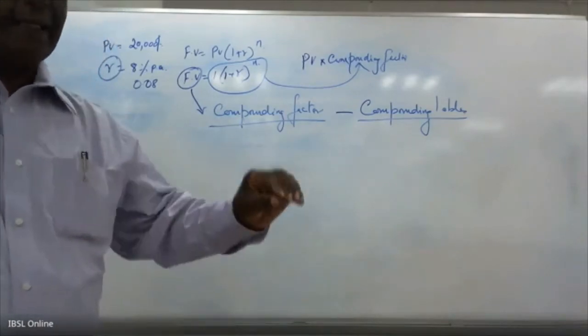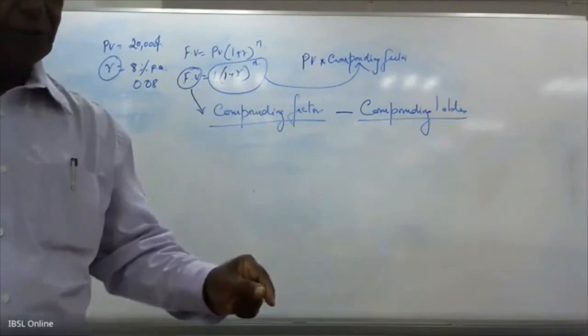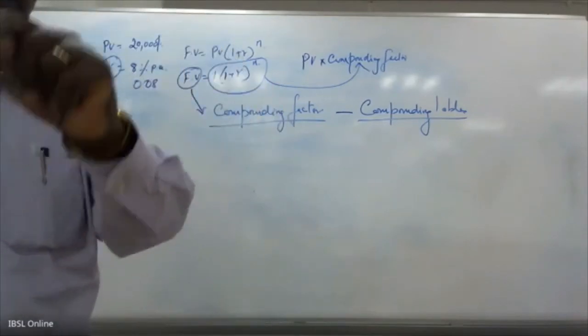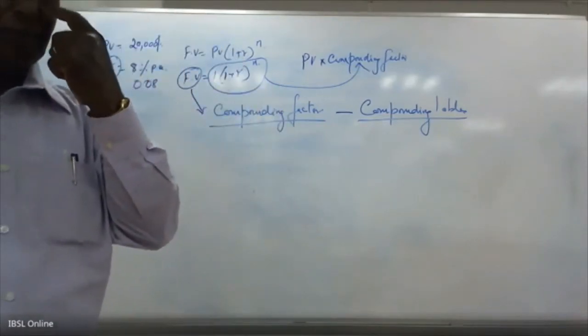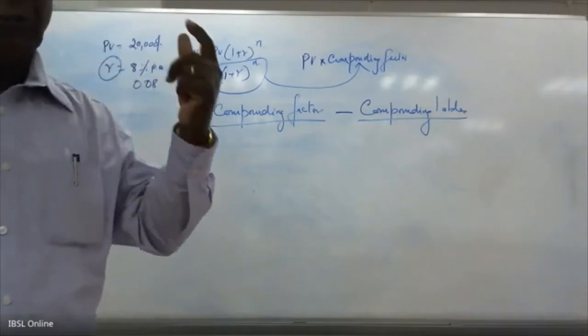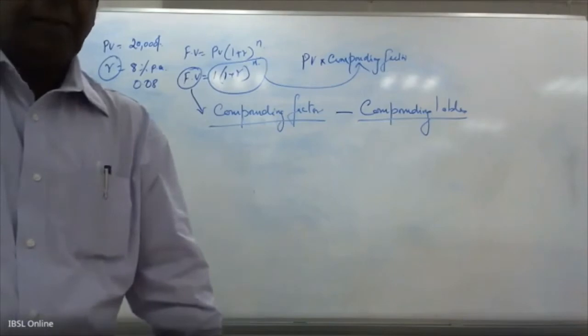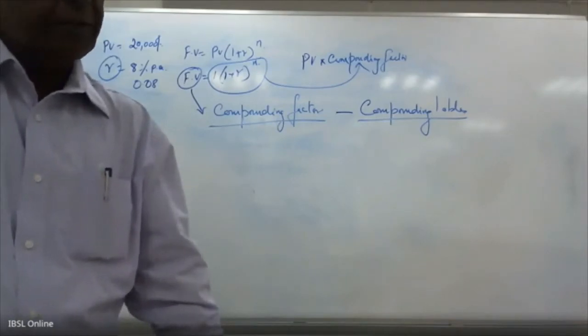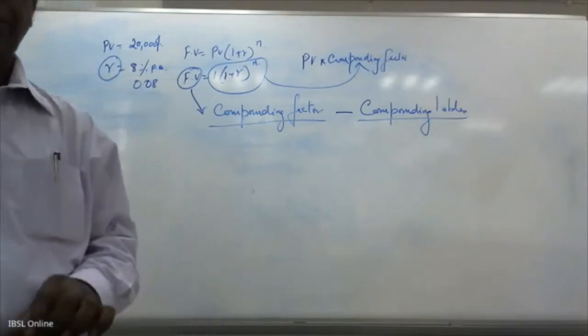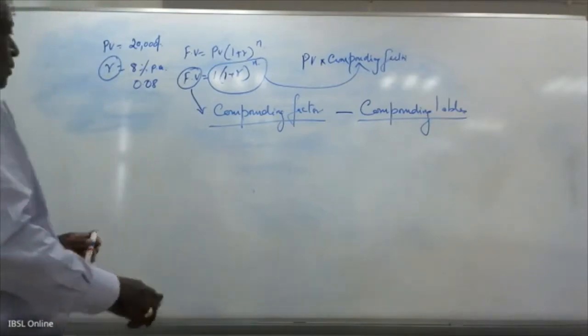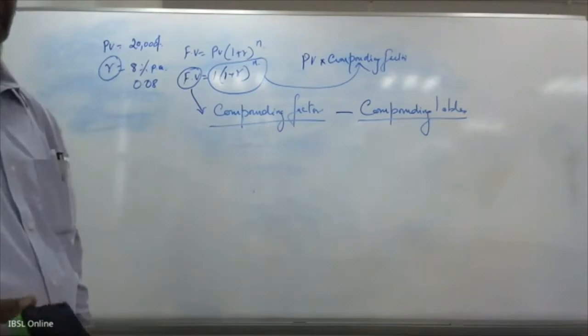This is a technique for converting present value to future value. We use this in fixed deposit automatic renewal calculations, where interest is added to the capital. Okay, I hope this will be clear to you.